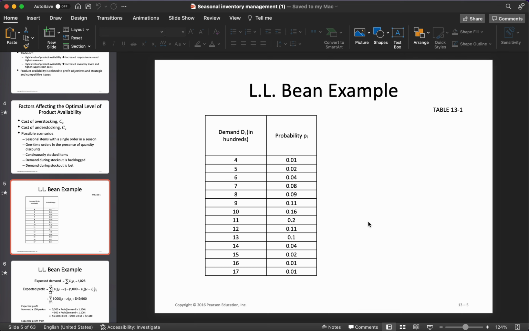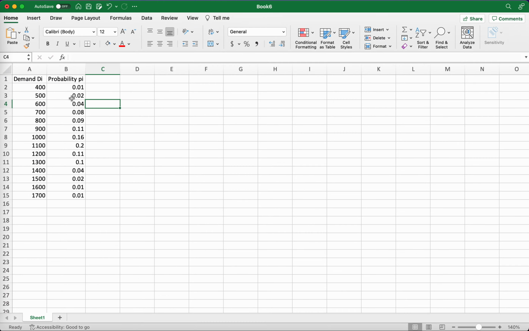Before we actually look at the methodology of doing that, let's do some exploration and look at this demand and talk a little bit about this demand distribution and what we can get from that. I've written down the values here. So I can find the expected demand. Expected demand is just another way of saying average demand. Expected demand is 400 times 1%, 500 times 2%.